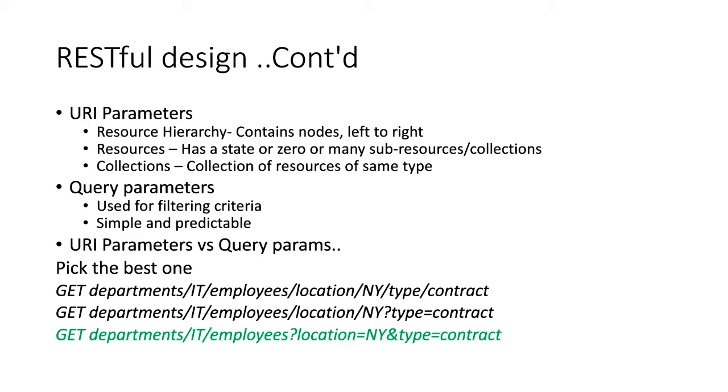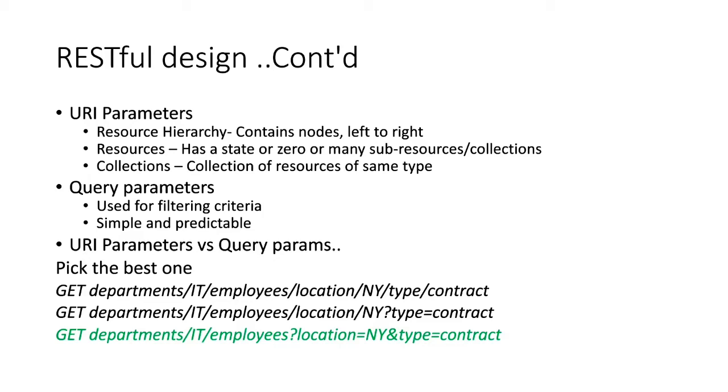So there's an obvious confusion, and the usability aspect is missing here. In the second one, you have a mix and match of URI parameters and query parameters. Obviously, employees and location still don't fit very well here, and this wouldn't be usable in the long term.